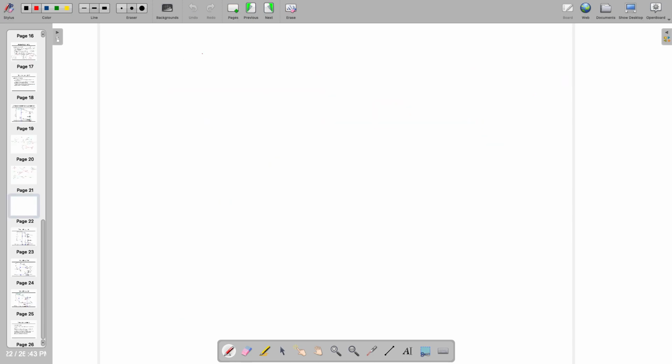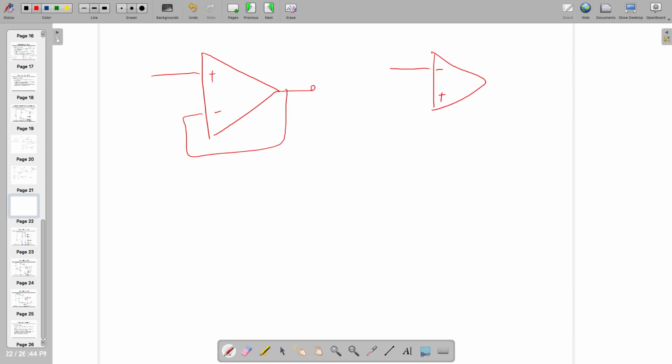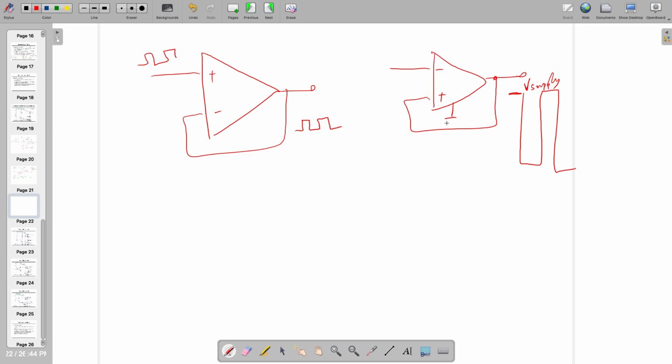The output of this one, in this case, is the same as that one with some dynamics of the op-amp transfer function. In this case the output is plus V supply and minus V supply, because this is an oscillator.